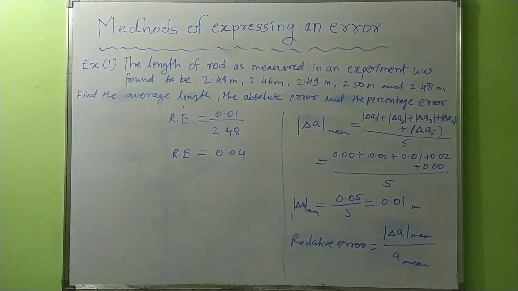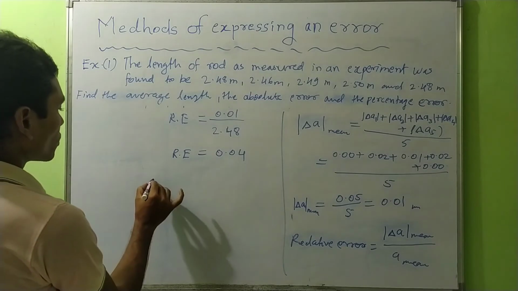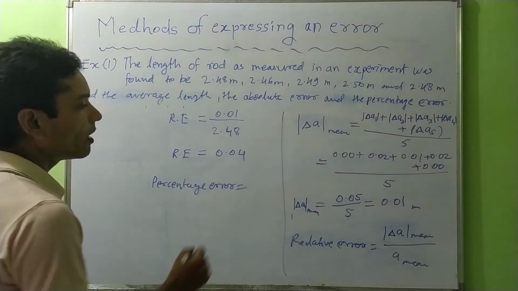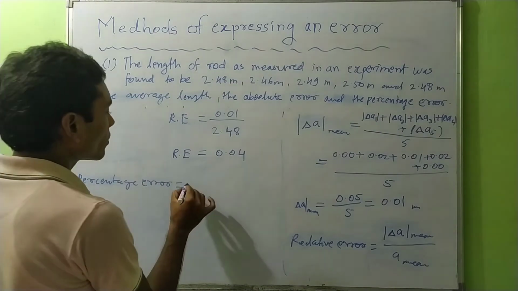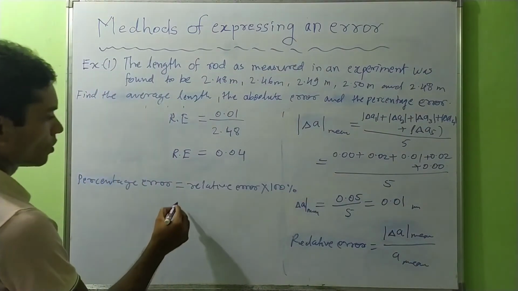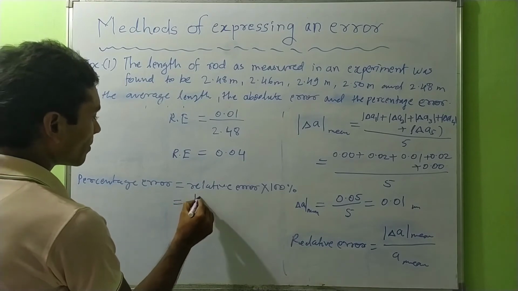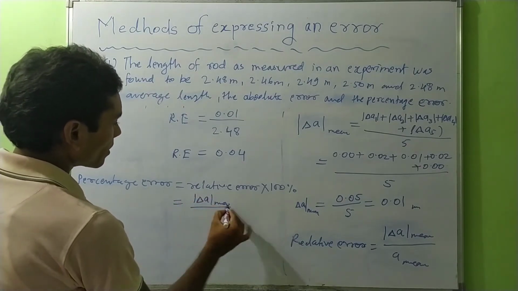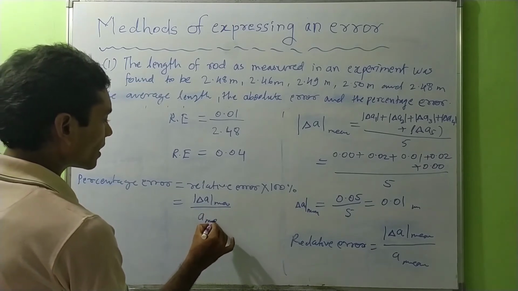Now we can find the percentage error also. You know that the formula of percentage error is equal to relative error into 100%. The relative error is the mean absolute error to the A mean.